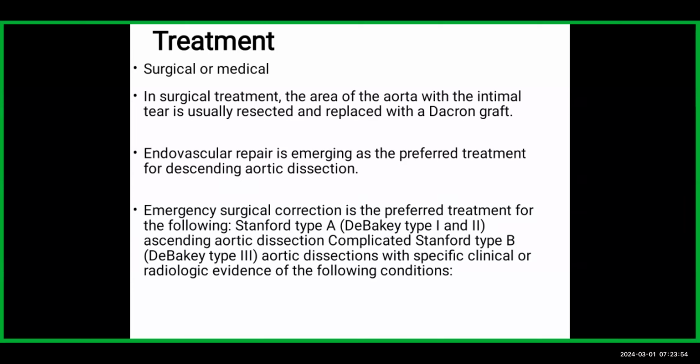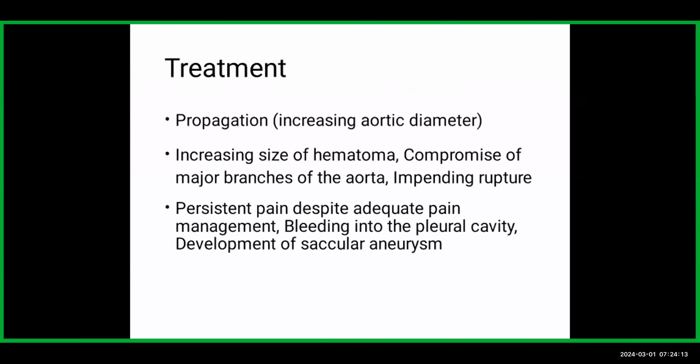Now, that includes the Barclay type 1 and 2, ascending aorta dissection complicated by Stanford type B, with specific clinical and radiologic evidence of a number of conditions, which may also include an increasing diameter of the affected area, an increase in the size of the hematoma.